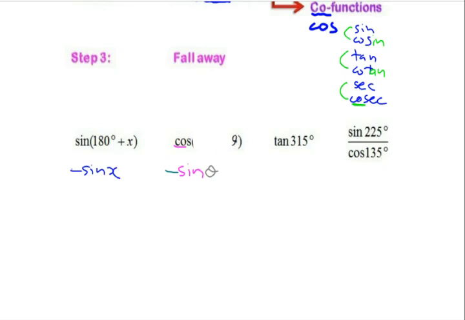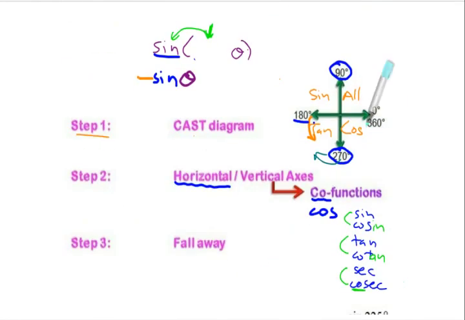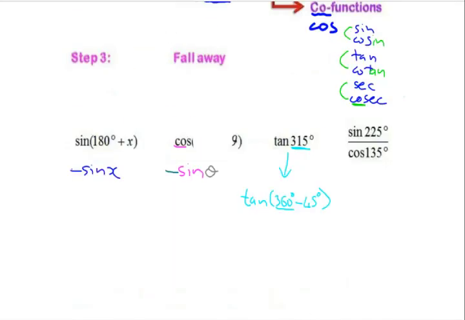When we are working with specific degree values, such as 315, you can actually write this expression as tan, for instance, of 360 degrees minus 45 degrees. If you don't want to work with the vertical axis, stick with the 360 degrees. As you can see there, that's also a horizontal axis.